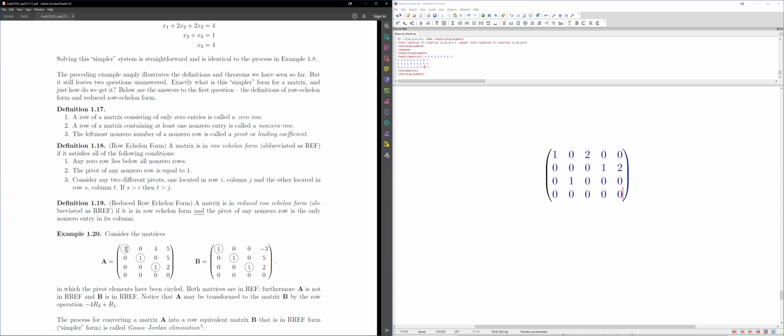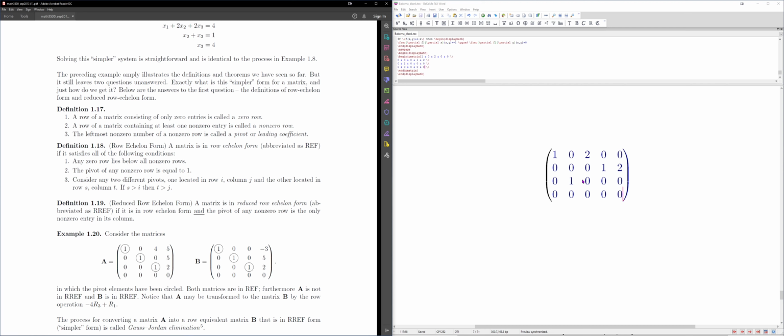If, for example, over here you have this pivot, the next pivot is on a row below it and it's to the right. And for this one, the next pivot is on the row below it, and it's to the right. This one over here, the next pivot is on the row below and to the right. That's okay.